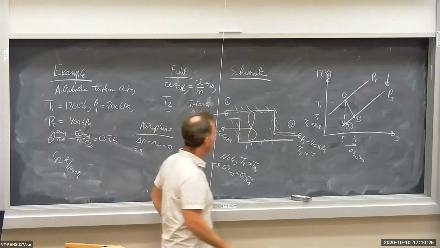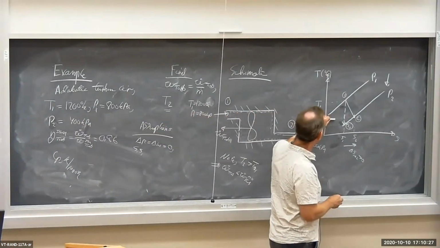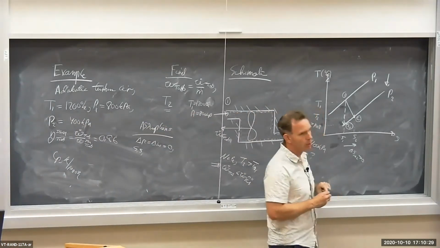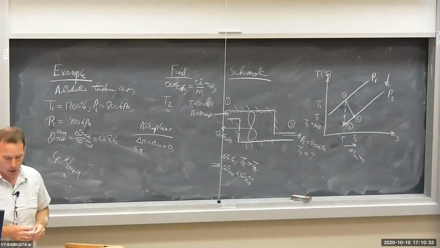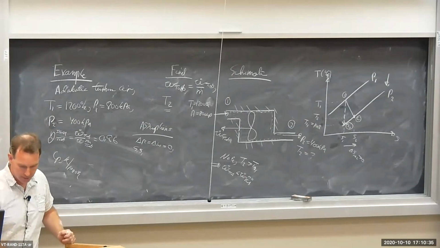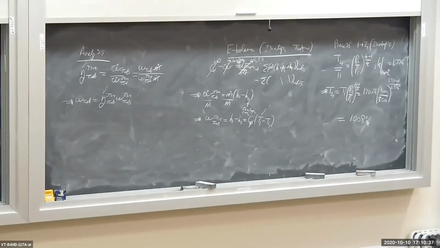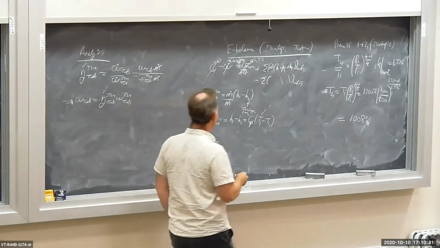Presumably the real turbine, which has irreversibilities, won't get all the way down to 1,008. It's going to be somewhat hotter because it won't extract all the same energy. Okay, so now I have T2 sub S.